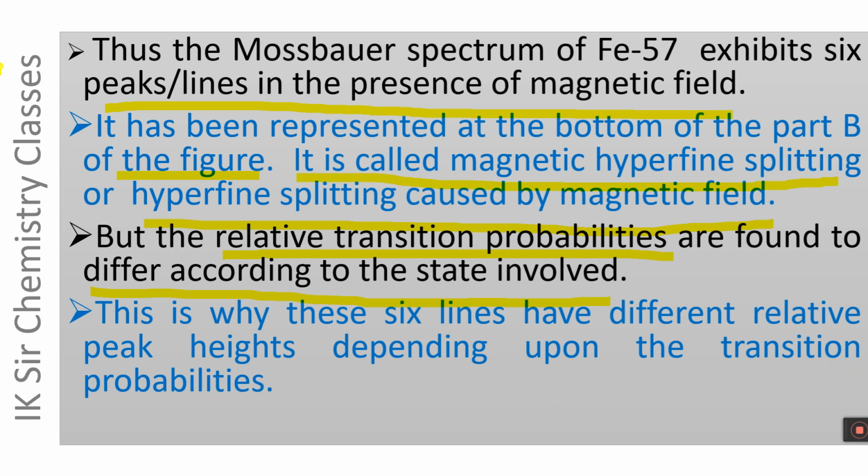This is why these 6 lines have different relative peak heights depending upon the transition probabilities. We have seen earlier that the absorption peaks have different relative heights, and these heights depend upon transition probabilities, whether the transition is less probable or more probable.